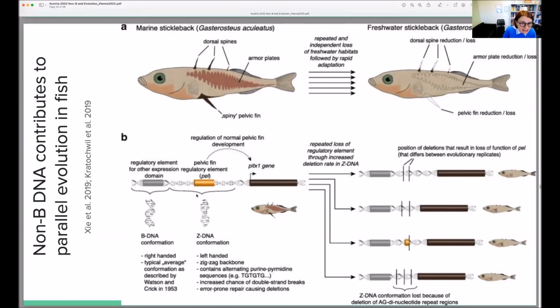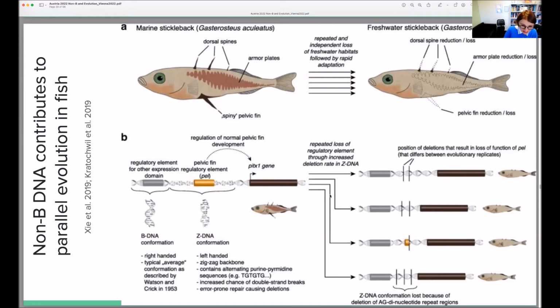to repeated loss of this element. So when Z-DNA forms, it increases the chances of double-strand breaks that then are repaired, but this element undergoes increased deletion because it can form Z-DNA.